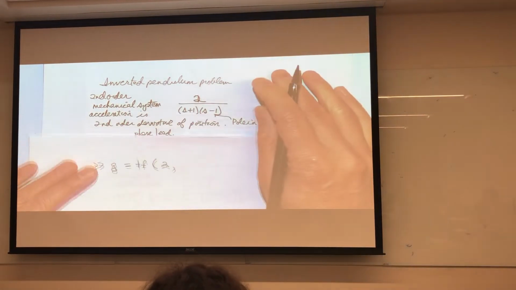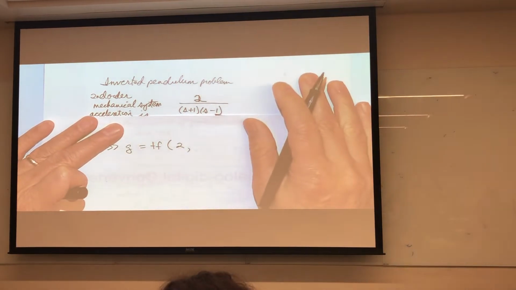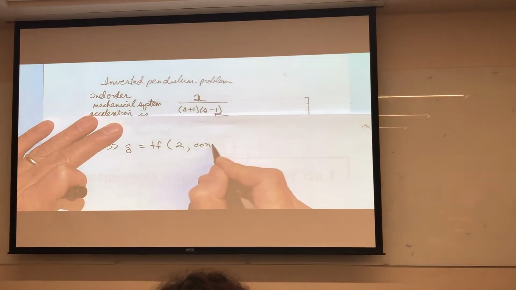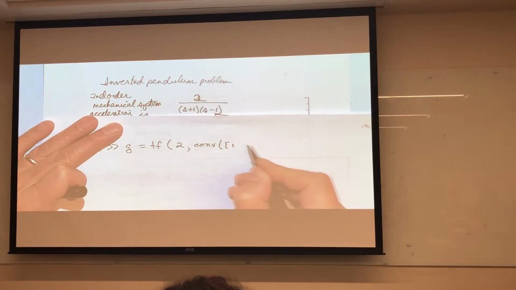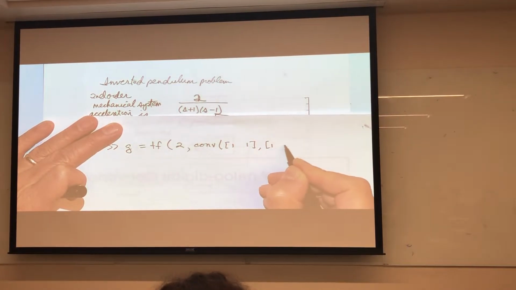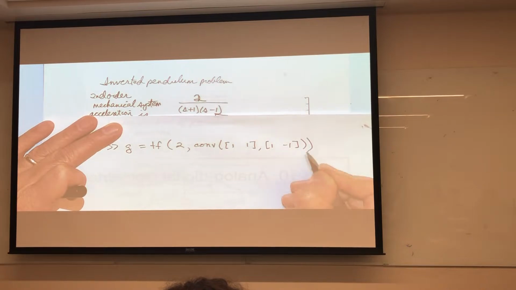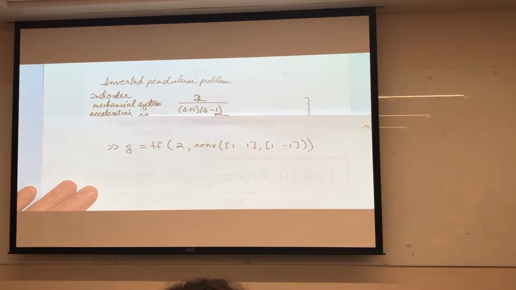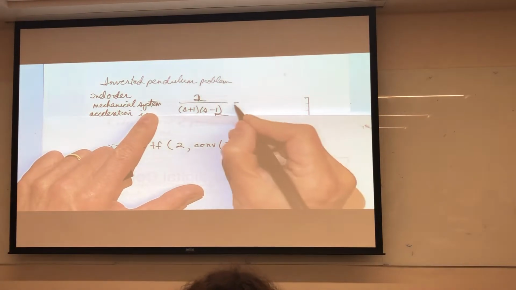And then the numerator would be the convolution of S plus 1 and S minus 1. We convolve those. So that would be this model.